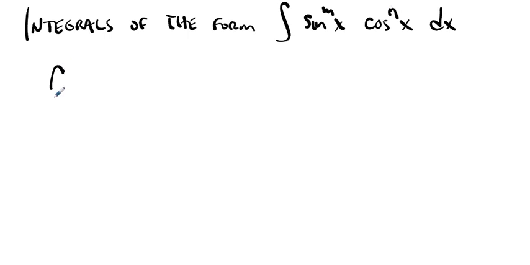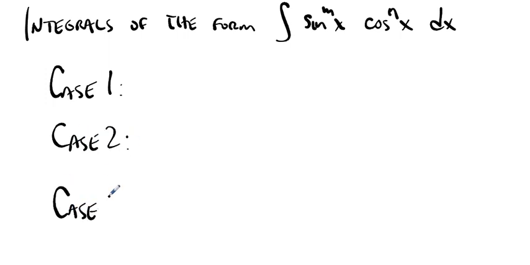And there are three cases for us to consider, and we handle them differently. Case one is the case where m is odd. So the sine x is raised to an odd power. Regardless of what n is, if m is odd, there's a way to deal with that.